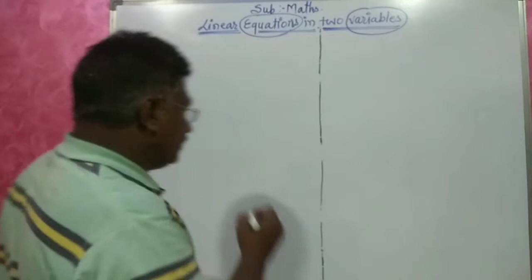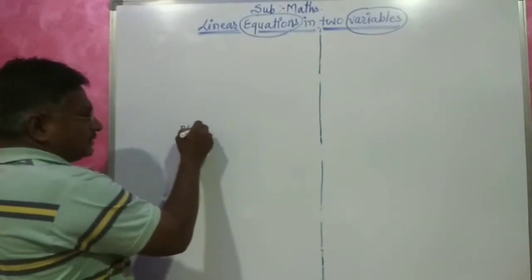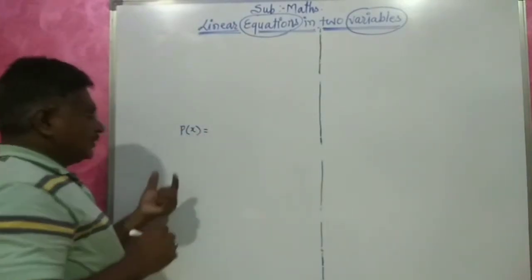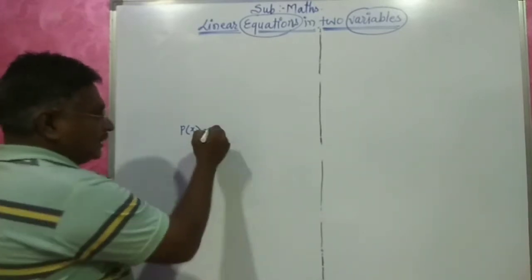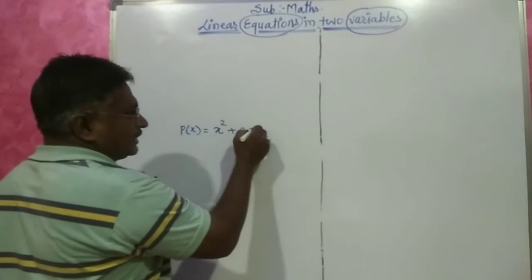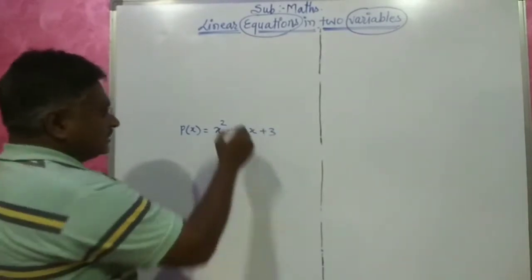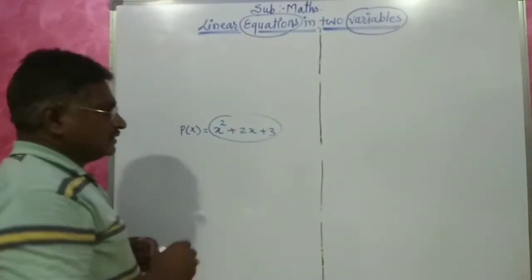So in the polynomial we wrote p of x. This is the notation of polynomial. So in this way we wrote x square plus 2x plus 3. So this is a polynomial.